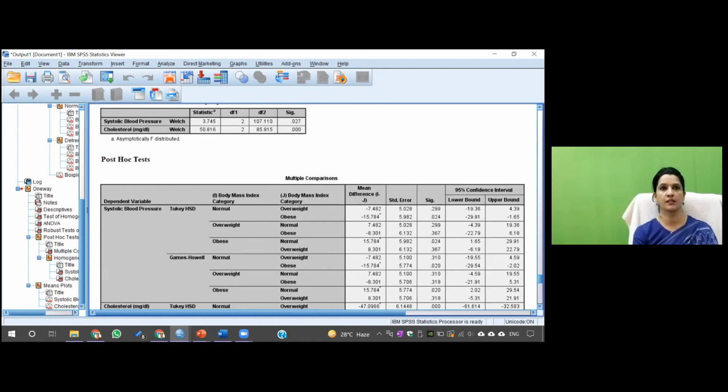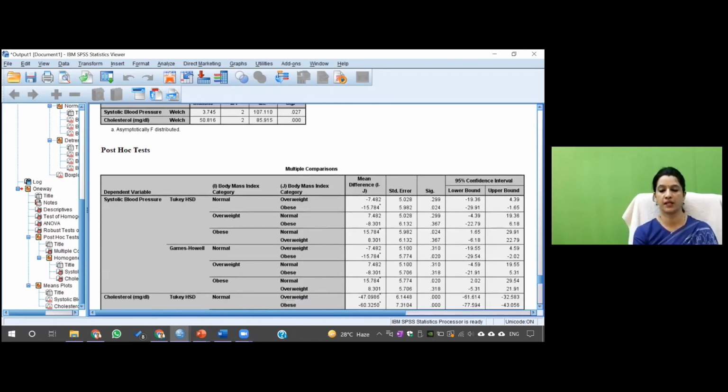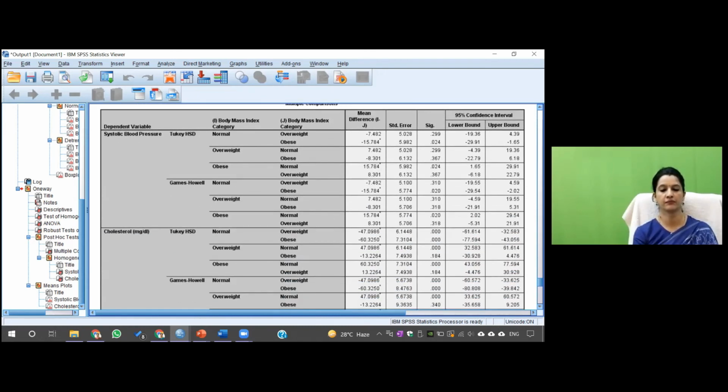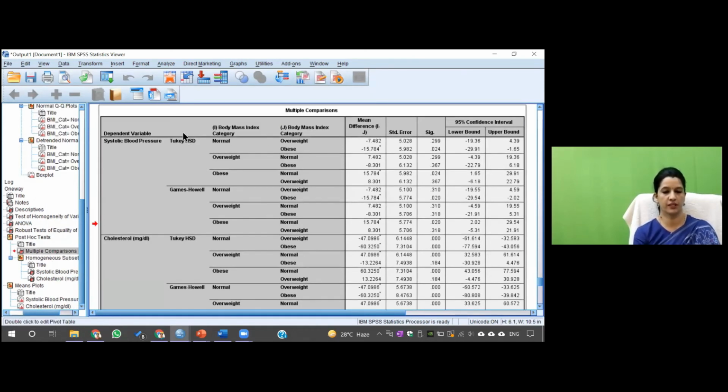So now you can see this multiple comparison, right? Now it gives you both the values, like the values of Tukey's as well as the Games-Howell. Why? Because if the homogeneity of variance is met, then you will take this one, the Tukey's. So in case of systolic blood pressure, what should I take?